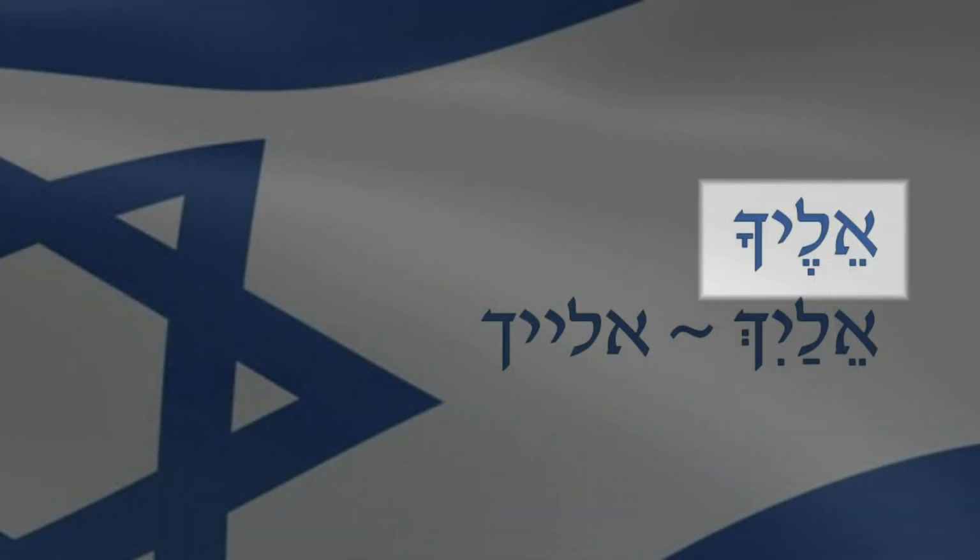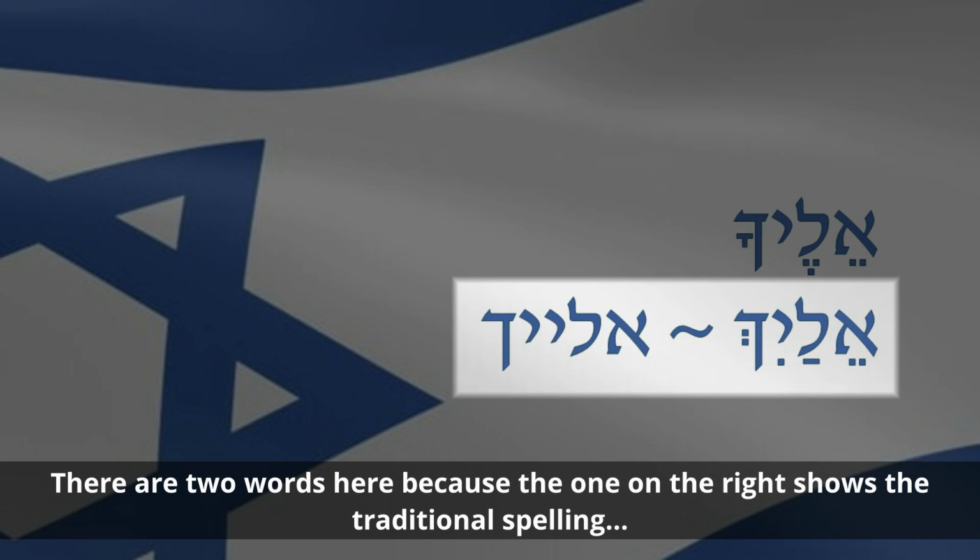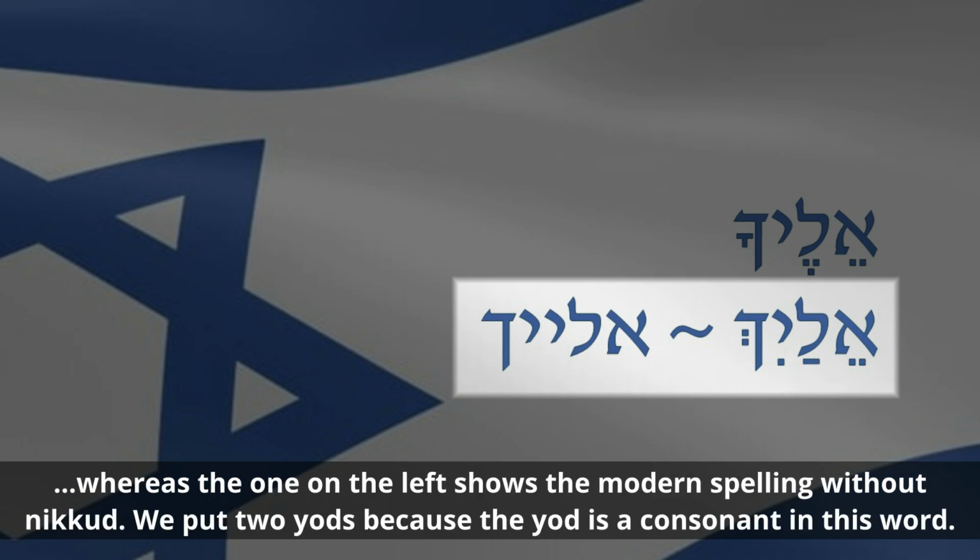And so, if the person who is missed is a man, it's going to be eleja. And remember what I said, that the men have the cha at the end, right? If it's a woman who is missed, it's going to be elayich. A little bit different. It's not like elach, it's elayich.